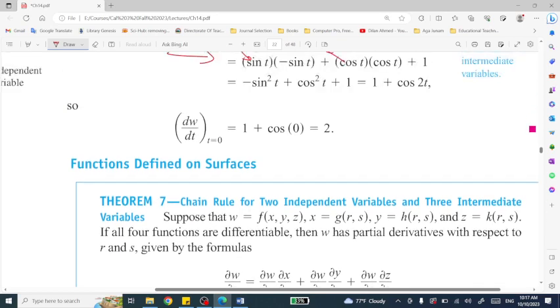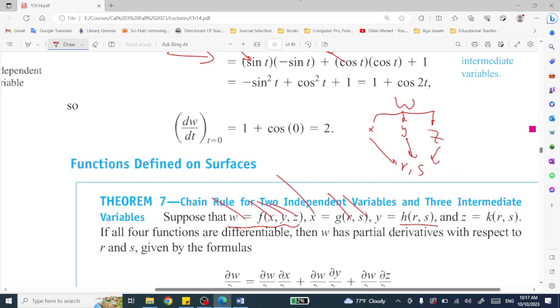Look at here what we have now. My w is what? How about x? X is rs squared. How about y? rs. How about that one? rs. What's going on with the previous one?